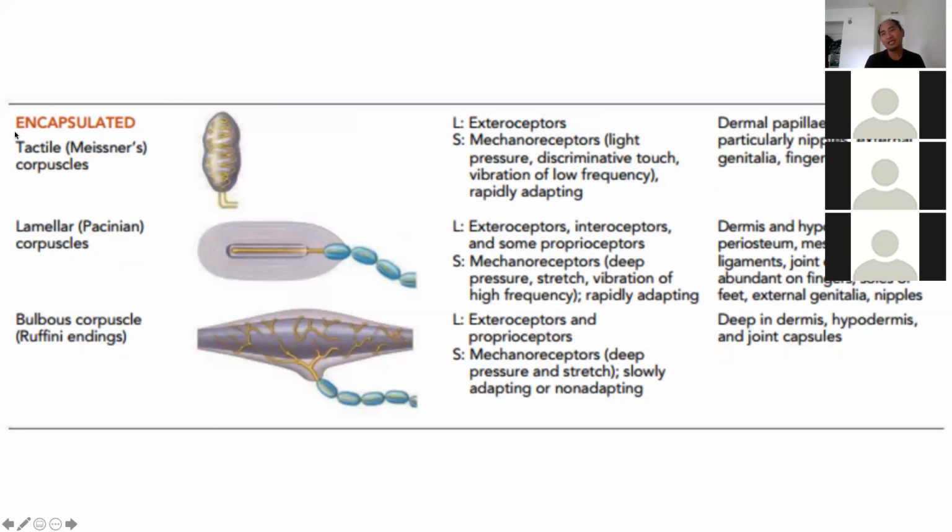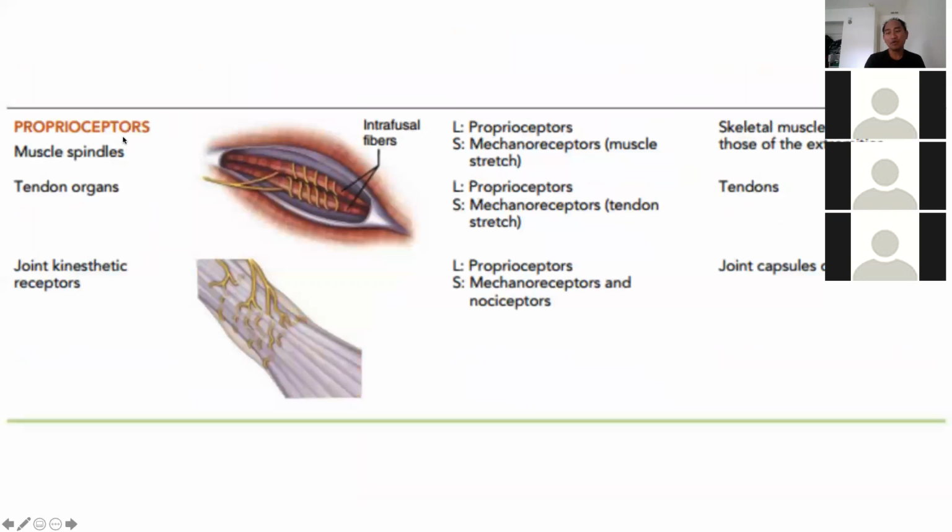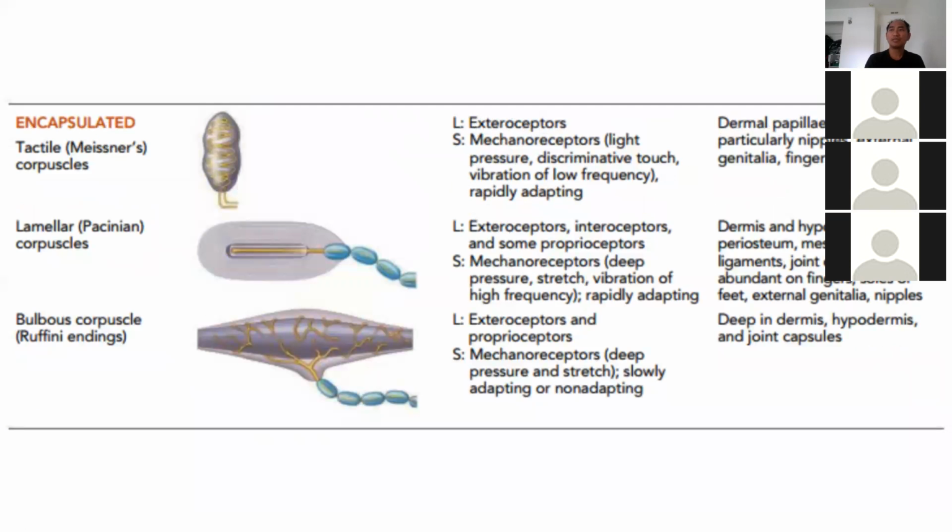So we said that under the encapsulated receptors and proprioceptors, we have tactile or Meissner's, lamellar or Pacinian, and bulbous corpuscle or Ruffini endings. Where are they? They are a little bit interesting, especially the Meissner receptor, which is tactile. Where do they present?